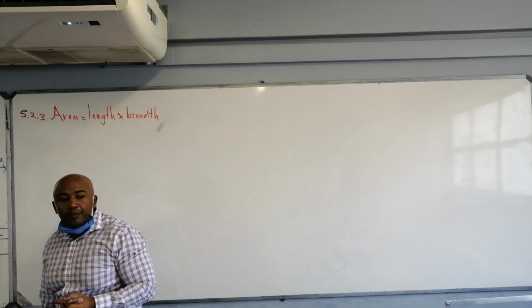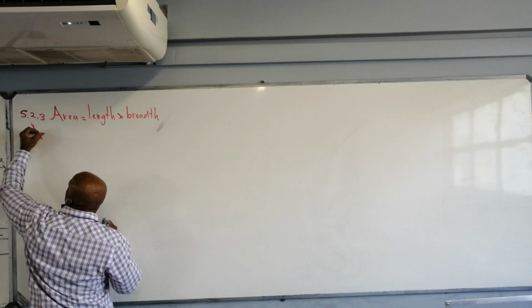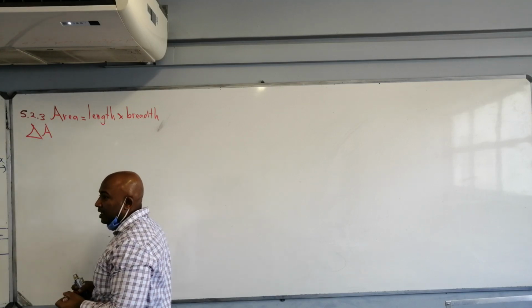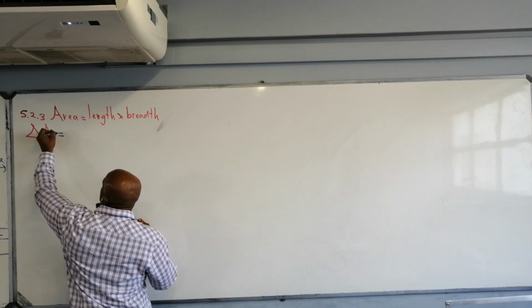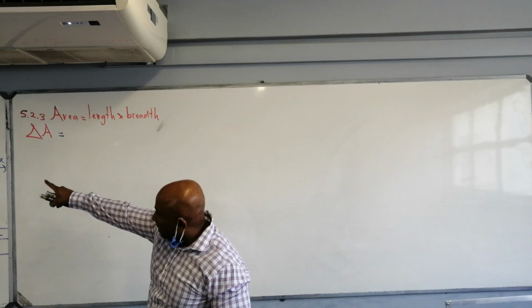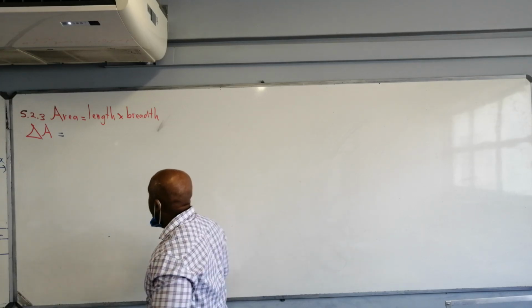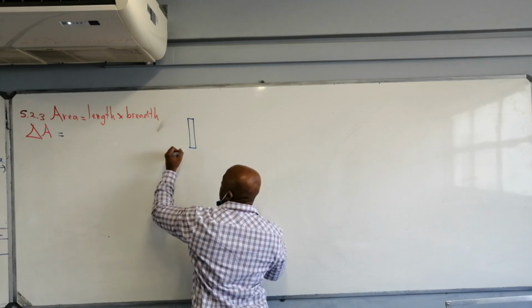So area of the representative rectangle. We're going to go delta A, which is the area of the representative rectangle, is equal to, what is your length? Let me just redraw this. So there is your representative rectangle.